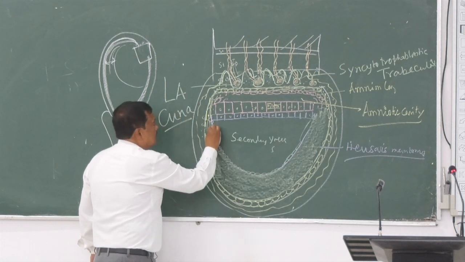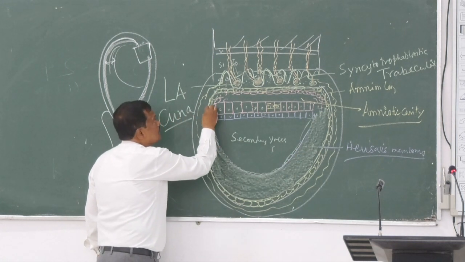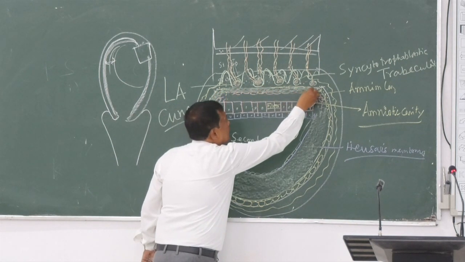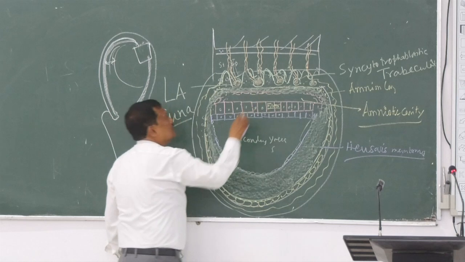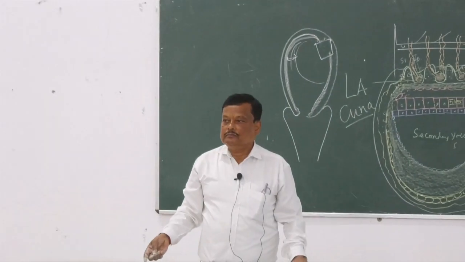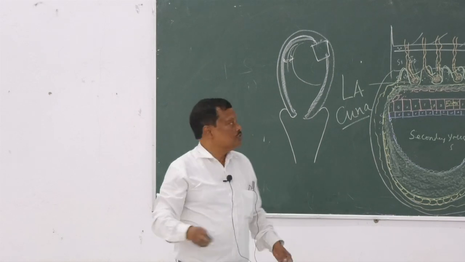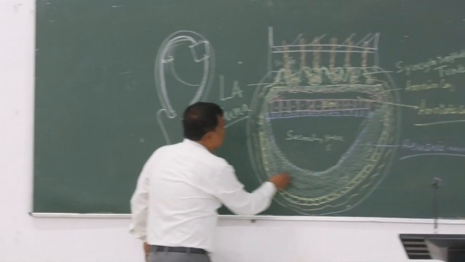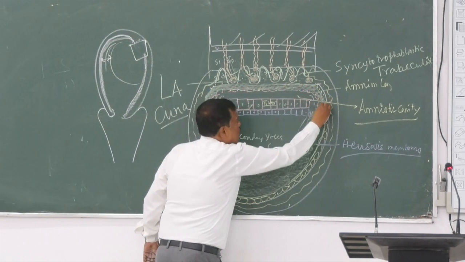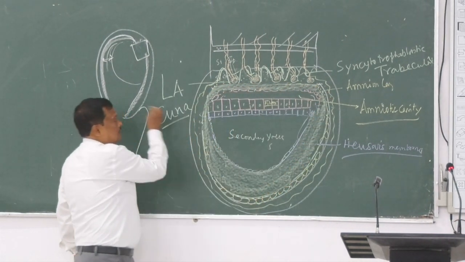Not only does this new tissue cover this, it also goes above the amniotic cell. Above the amniotic cell, meaning the whole thing is now covered by a new kind of tissue.